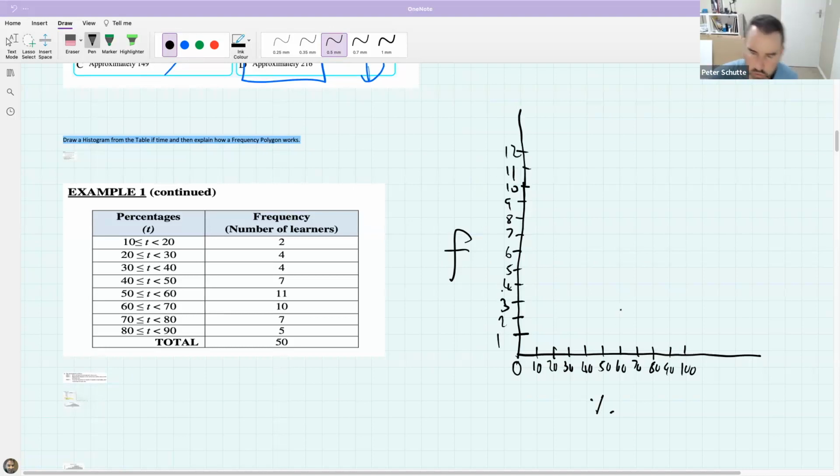Okay, I want you to draw in the histogram, and when you are done, just type histogram in the chat box.